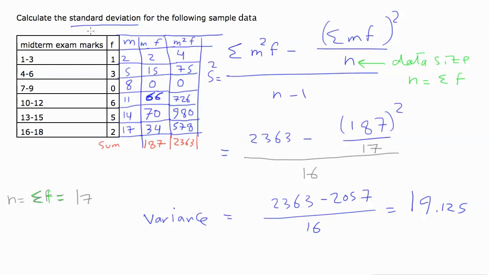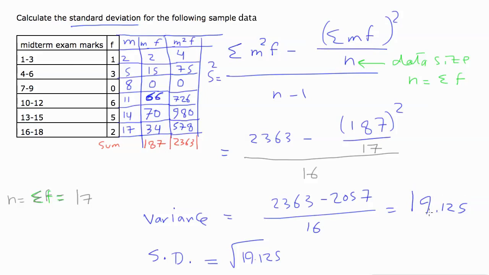Remember the question was the standard deviation. So for the standard deviation, you need to get the square root of this number. The standard deviation, which is actually required in the question, is the square root of 19.125. And remember, use this as accurately as possible because you still have to get the square root of it. Some people round this to 19, for example, and then get the square root. That's not a good practice.